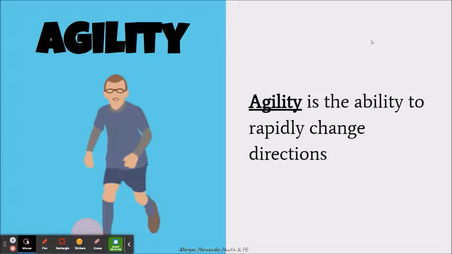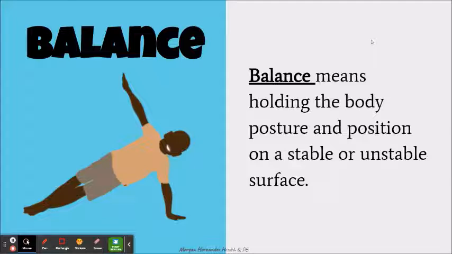All right, now I am going to give you the definitions of each of the components of skill related fitness. Let's start with agility. Agility is the ability to rapidly change directions. In a few minutes, I'm going to tell you some examples of agility in different sports. The other skill related fitness component is called balance.